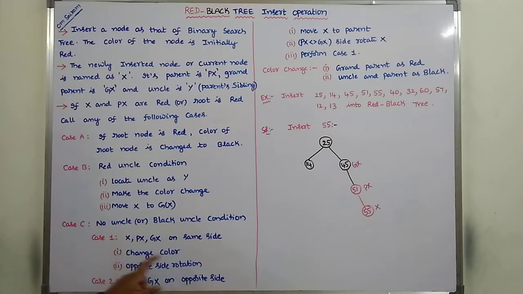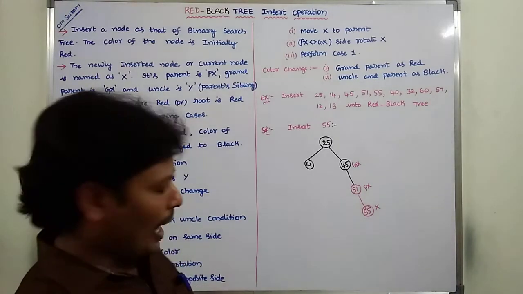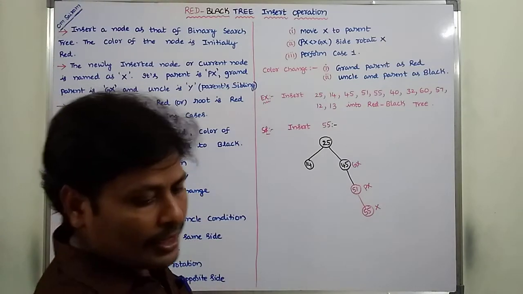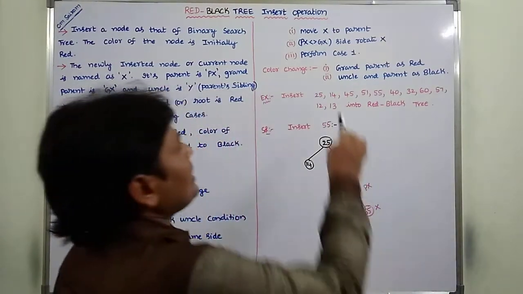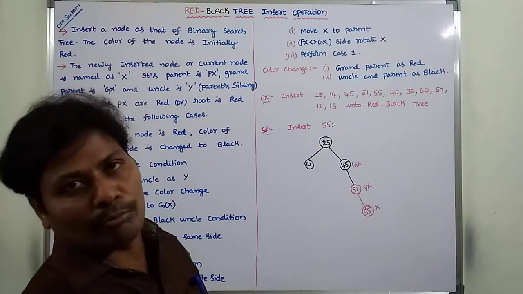First one is change the color. What color do we have to change? Color change means grandparent as red, uncle and parent as black.